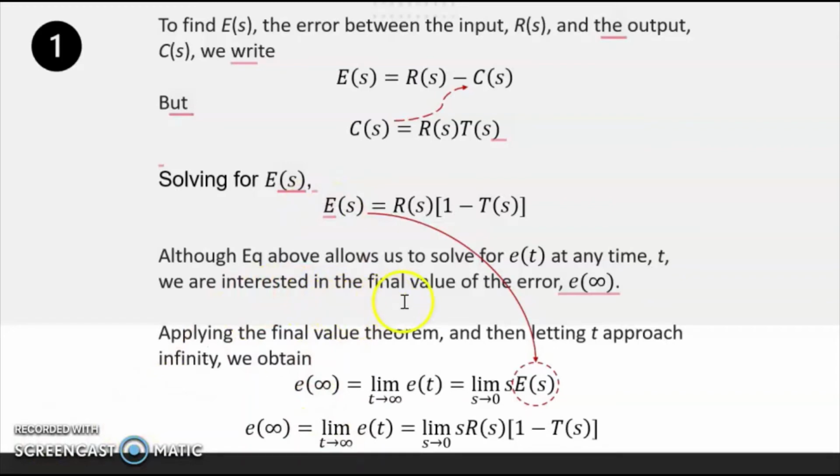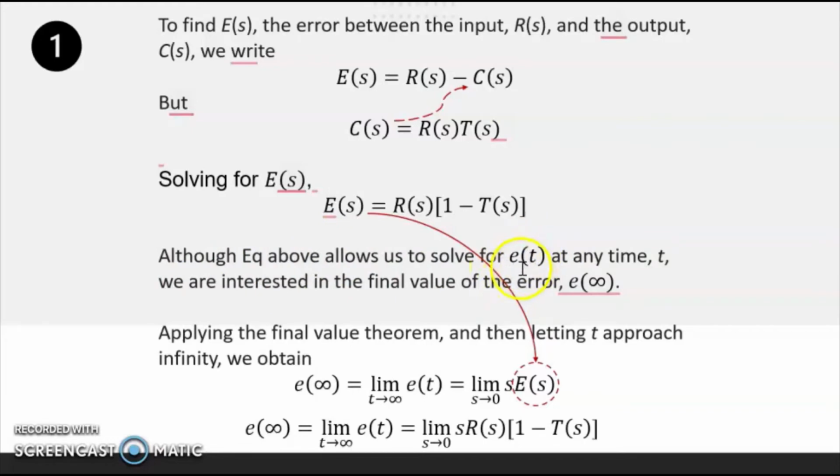allows us to solve the error in the time domain at any time t, we are interested in the final value of the error, E infinity. What does that mean? Meaning that we're looking at the error in the time domain.